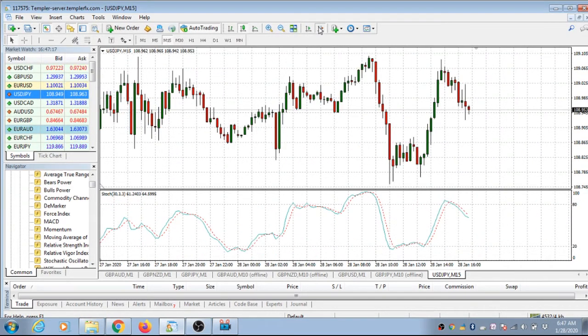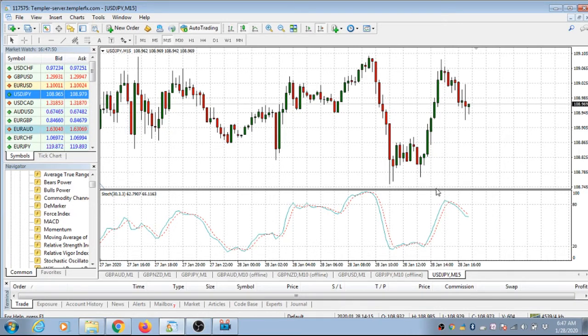The stochastic indicator basically tells you the oversold and overbought state. From the oversold and overbought state, it is easy for you to capture when you should buy and when you should sell. If you have reached the overbought state, it means that the prices have become so expensive that people have started selling the instrument. When I say the instrument, it means the pair or the commodity or the index that you are trading.